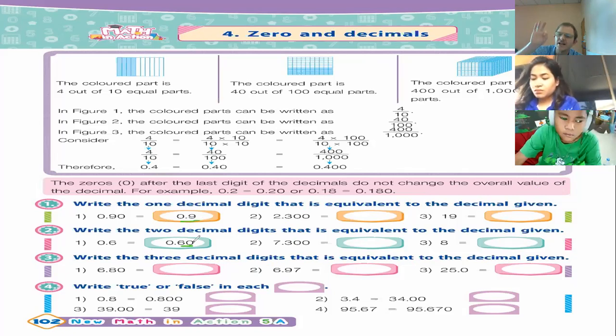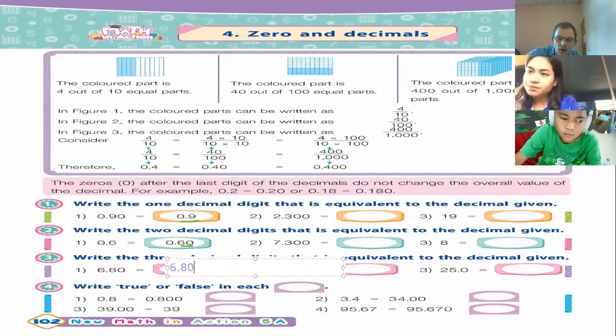What about 3 decimal digits? 6.80 will be 6.800. Now 6.8 means exactly the same as 6.8000000. The value doesn't change.